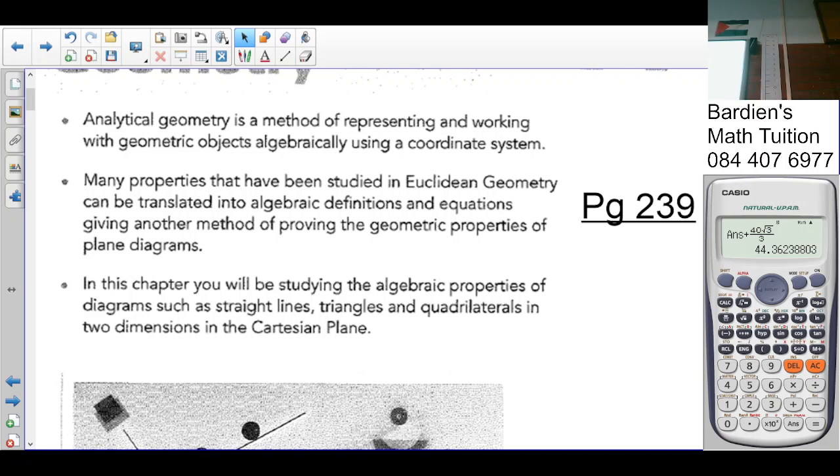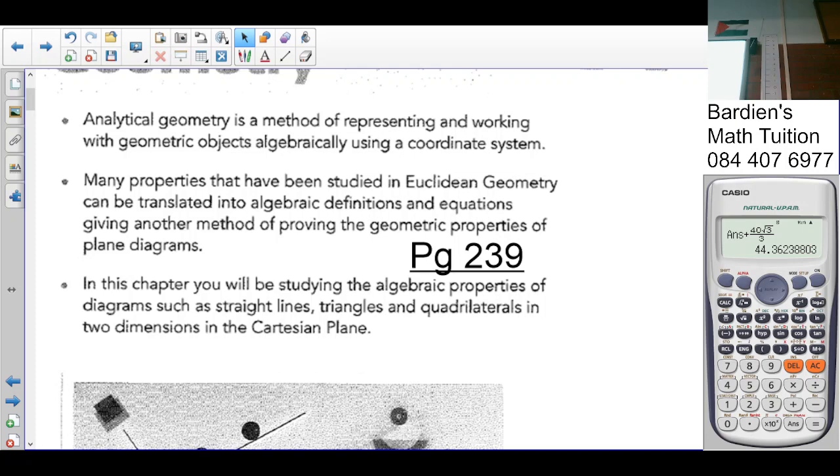Mathematics is helping geography out. You've got the longitudinal lines and latitude lines, and those two meet, that is a coordinate. Same here.